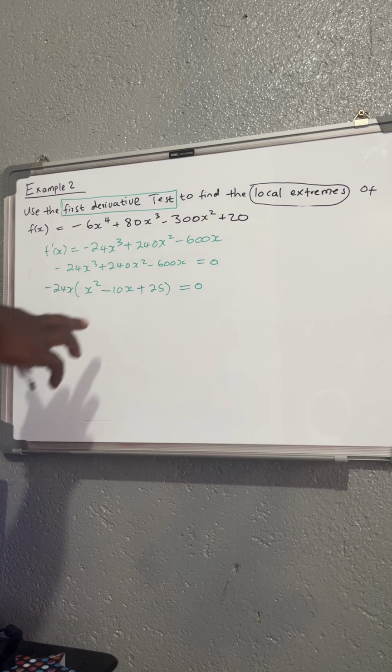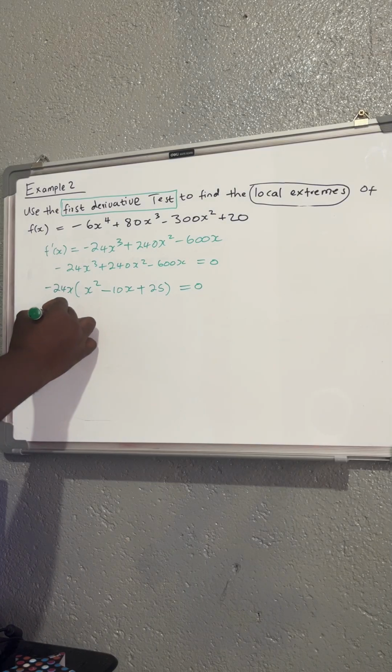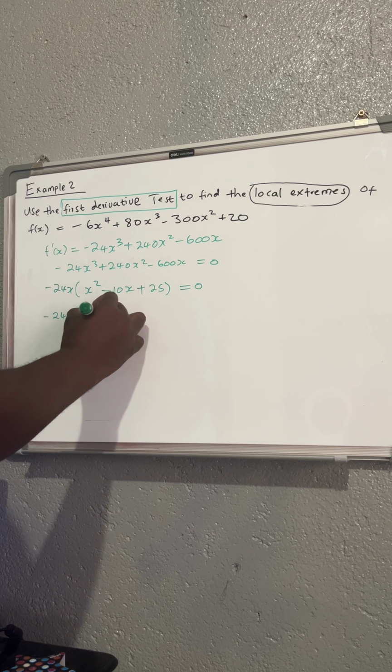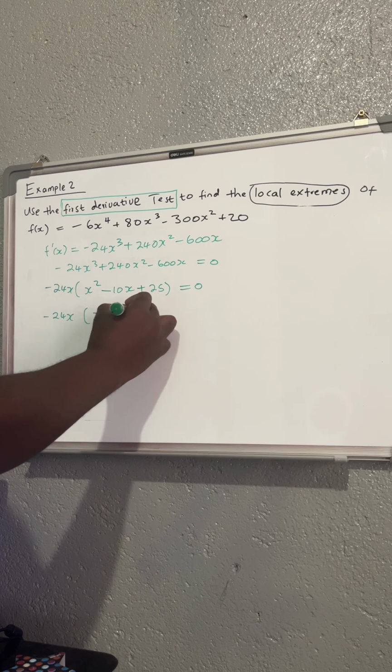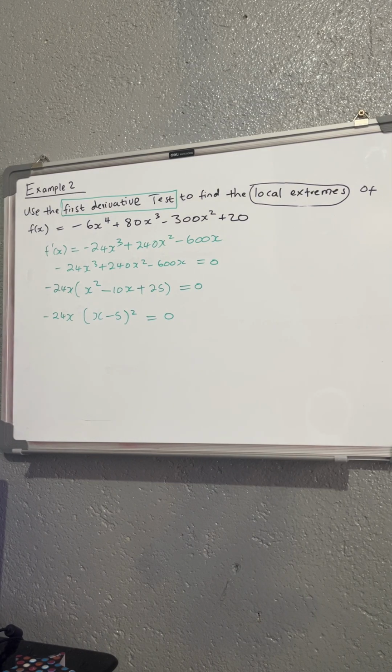This one, if you can notice, is basically x minus 5 all squared. So we can write this as minus 24x times x minus 5 all squared, equals 0.